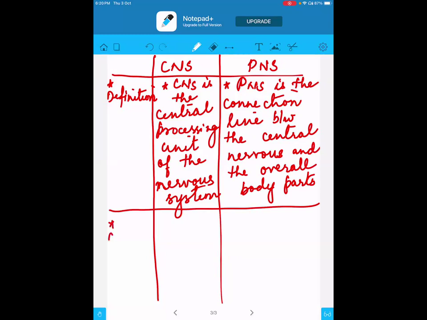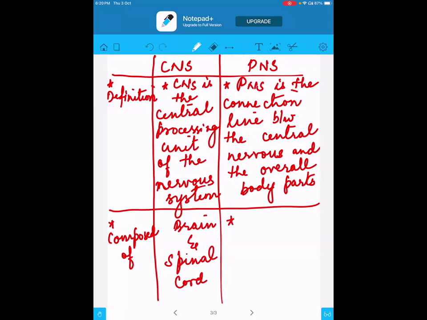Now coming to what they are composed of, which means what they are made up of. The central nervous system is made up of the brain and spinal cord. So they include two major parts, the brain and the spinal cord.